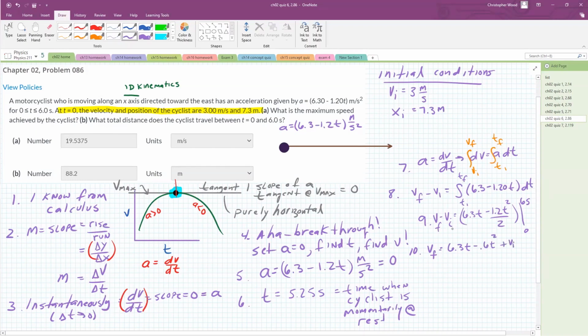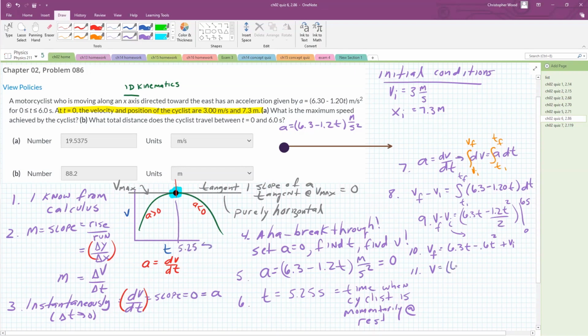I'm bringing this v initial over to the right side. And I think this is the last thing I'm going to write down. The velocity at 5.25 seconds, which is the maximum velocity, because we're saying over here, this is 5.25 seconds. So here you go.